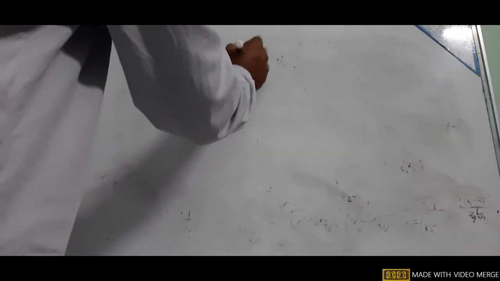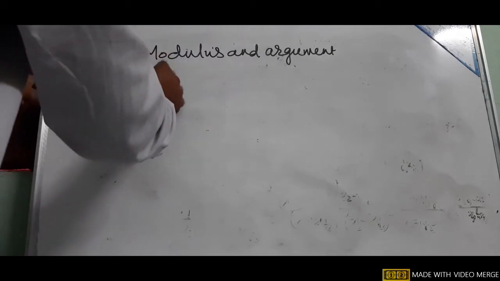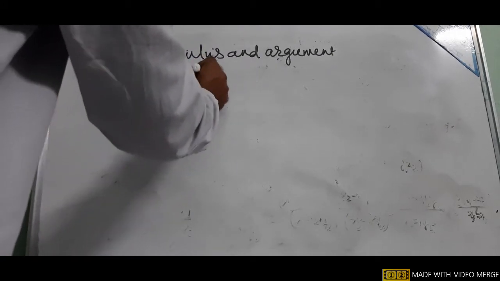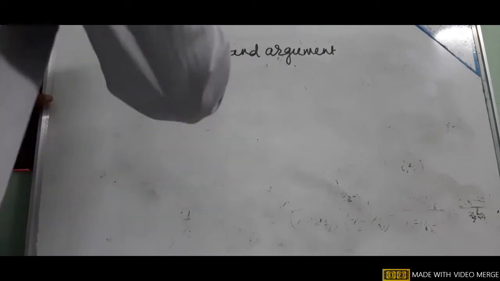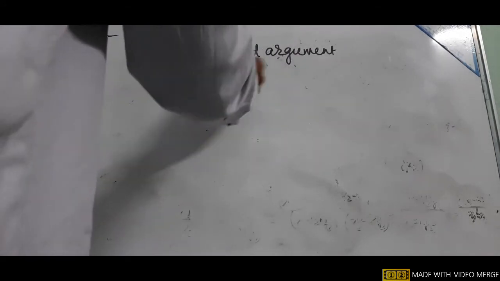Modulus and argument. Let z equal to x plus iy be a complex number, or simply we can say x and y, and you want to plot it.